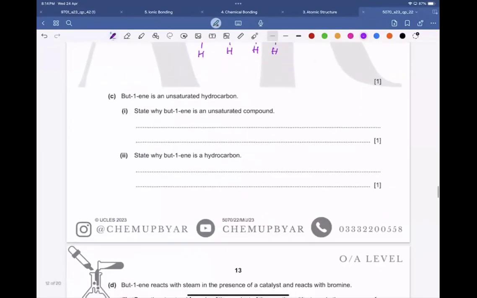Okay. Now, butene is an unsaturated hydrocarbon. Suggest why butene is an unsaturated compound. It is because it has a carbon-carbon double bond, not just a double bond, Heather, a double bond between carbon atoms.